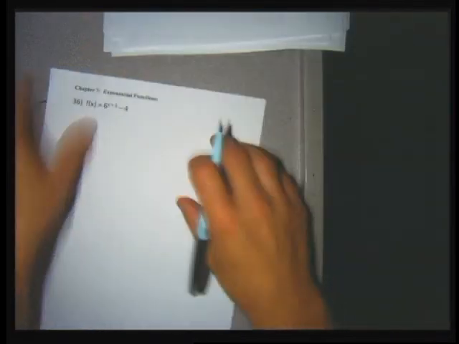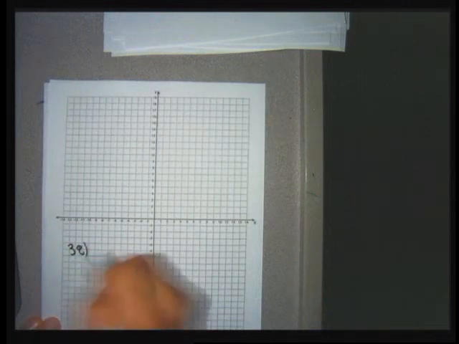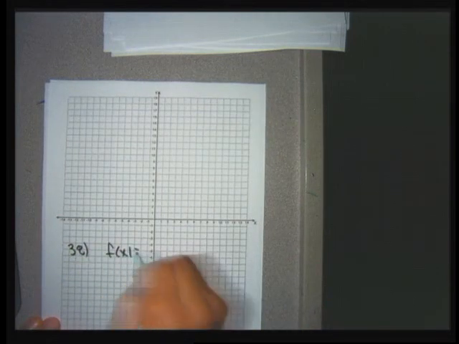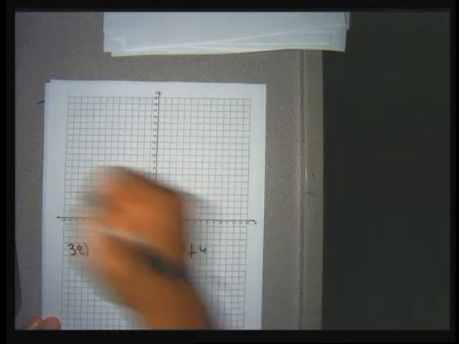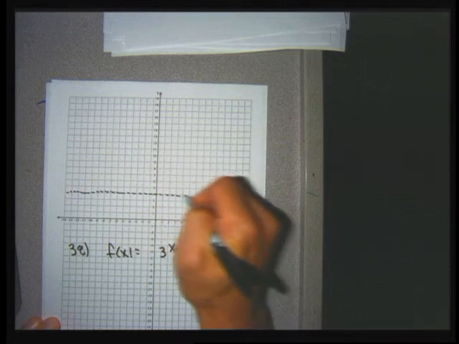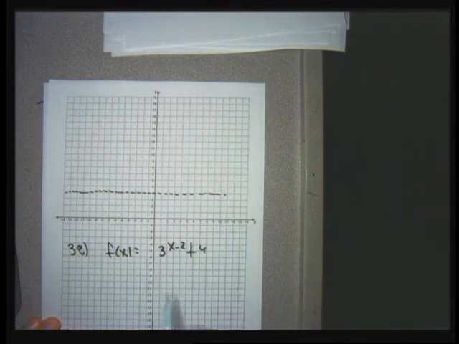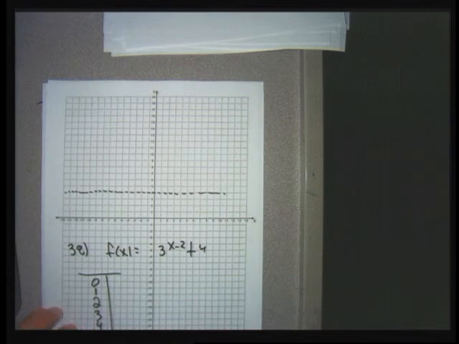Last problem. F of x equals 3 to the x minus 2 plus 4. So I'm going to draw my dashed line through 4 on the y-axis. And my table is going to have 2 in the middle. And then I go up and down.